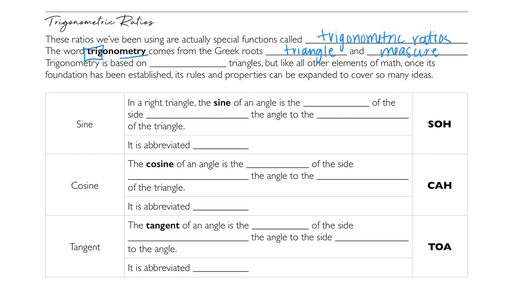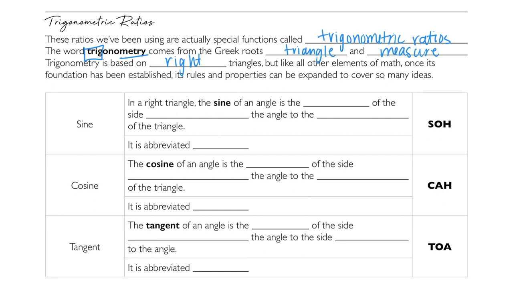So trigonometry just means the measures of triangles. What we're going to start with is trigonometry based on right triangles. But it will expand and we'll learn about how it applies to all sorts of things. But we're going to start with right triangles only.